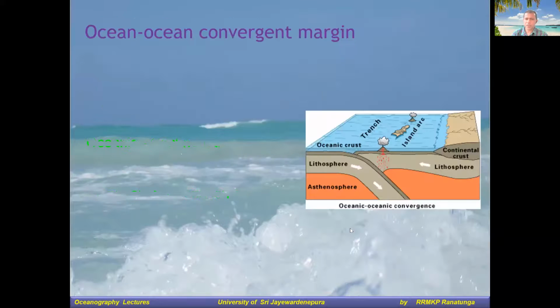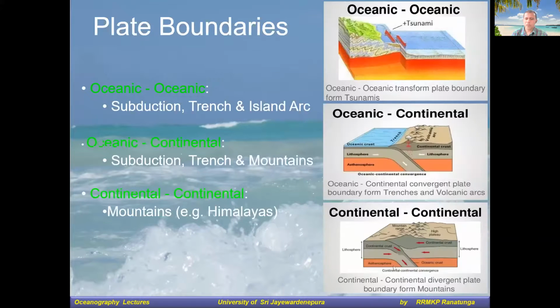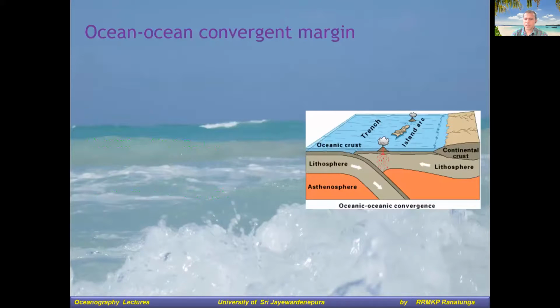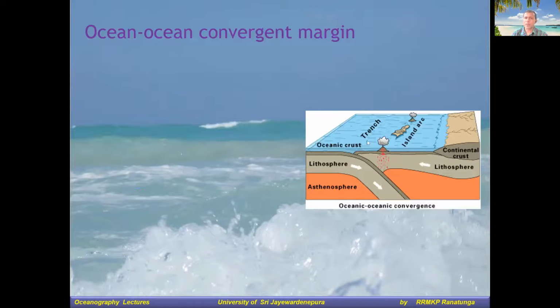I'll show you another area. Sorry, the last diagram is the continental. The margin is a convergent boundary, right? A continental convergent boundary. Here is a convergent boundary, but oceanic.